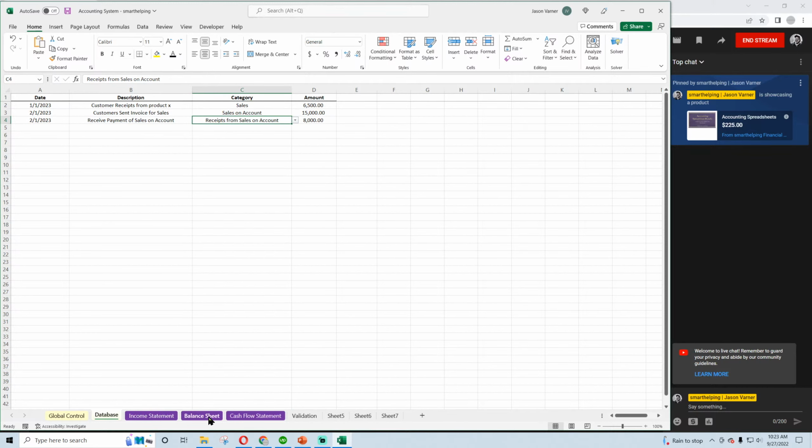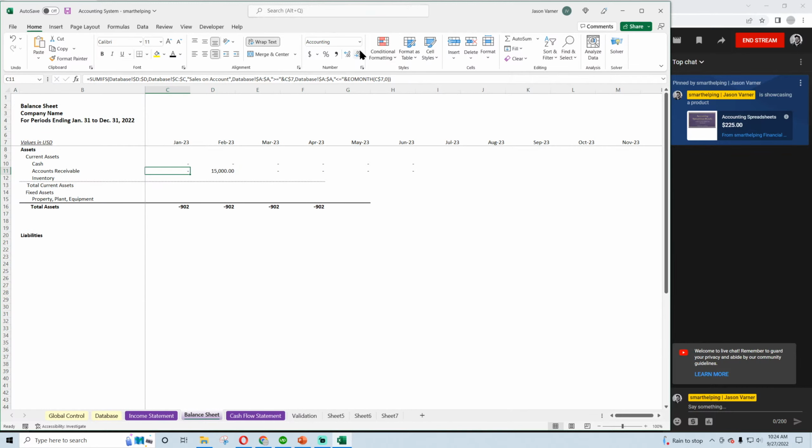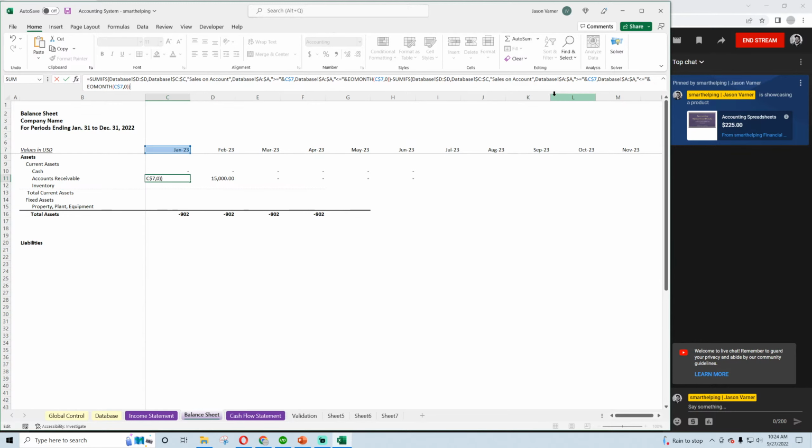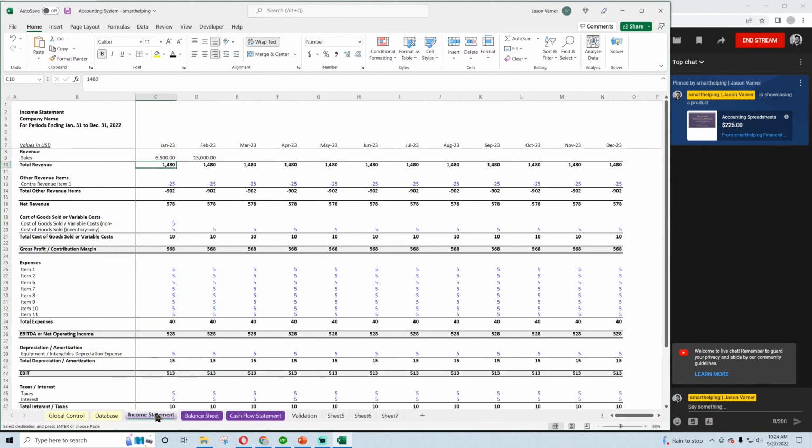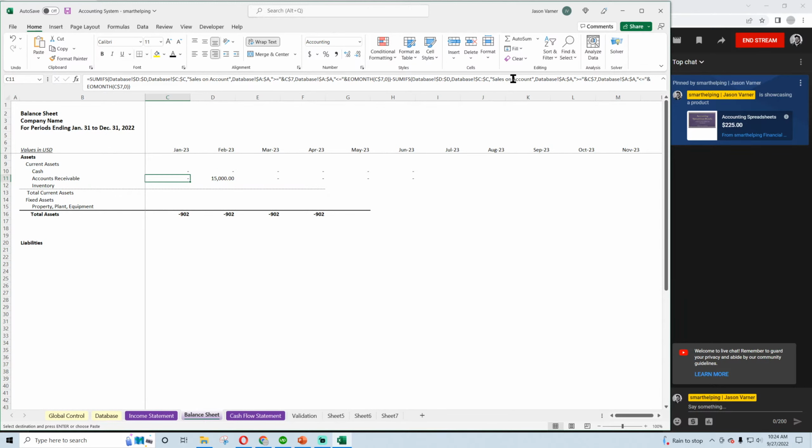So now the actual balance of the accounts receivable will be anything new added for the month on account minus anything collected, which is, what do we label that? Receipt from sales on account.